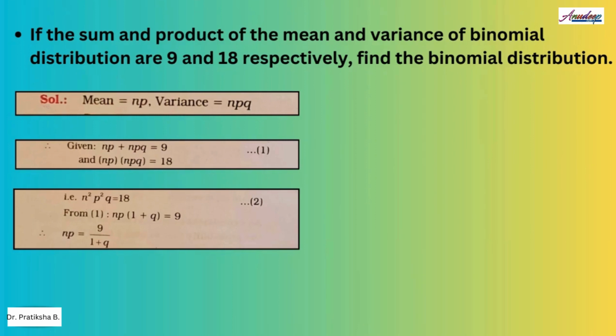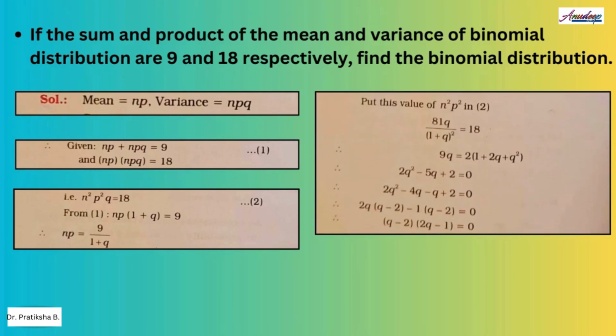So if I substitute this value of np in equation 2, I will be getting n square p square. When I square np, I get 81 by 1 plus q the whole square. So when we substitute in equation 1, we get 81 by q upon 1 plus q the whole square equal to 18.